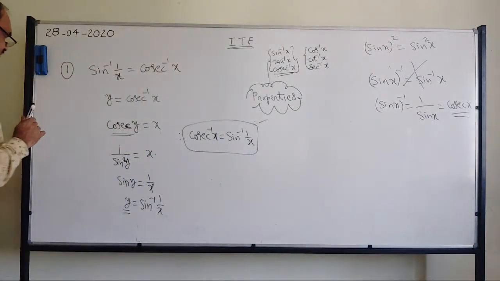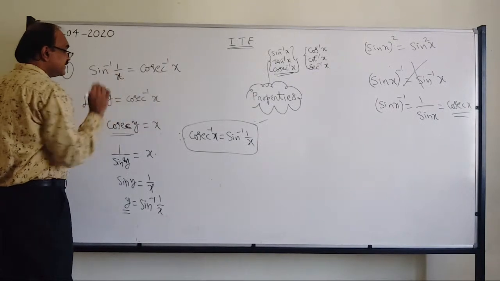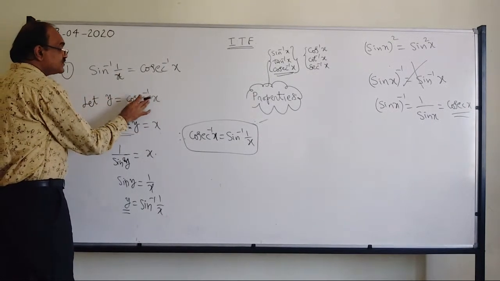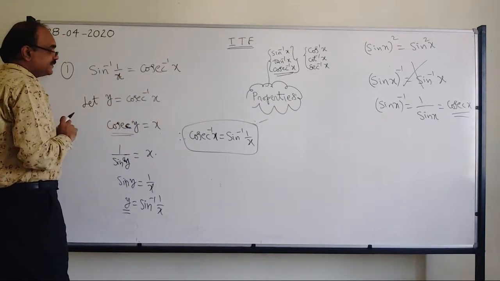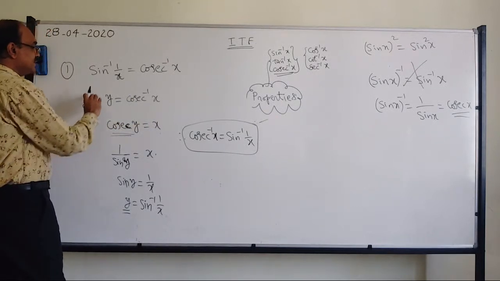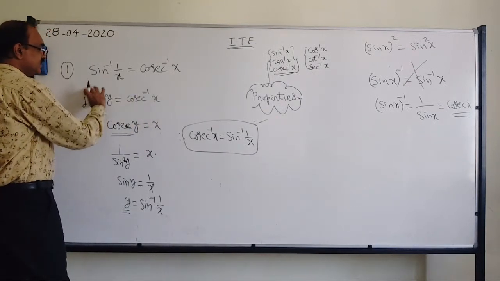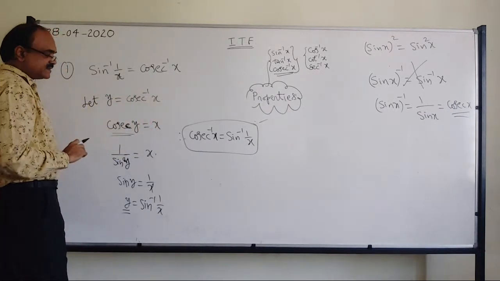I'll repeat once again. Let y equal cosecant inverse x. When you move inverse to this side, it becomes cosecant y equals x. Basically, what are we doing here? Taking cosecant on both sides: cosecant of cosecant inverse x gives you x.